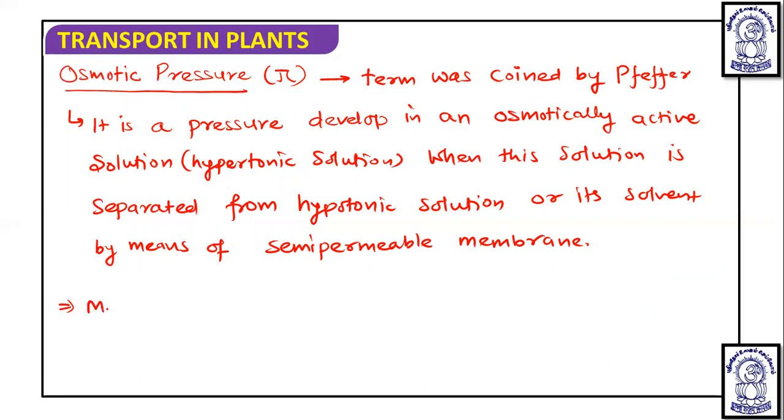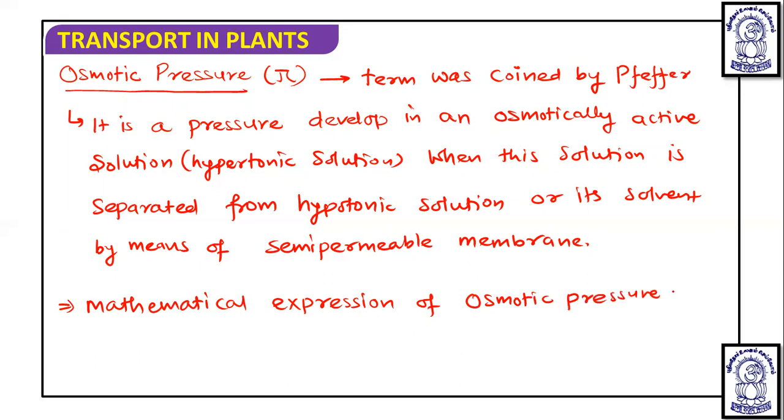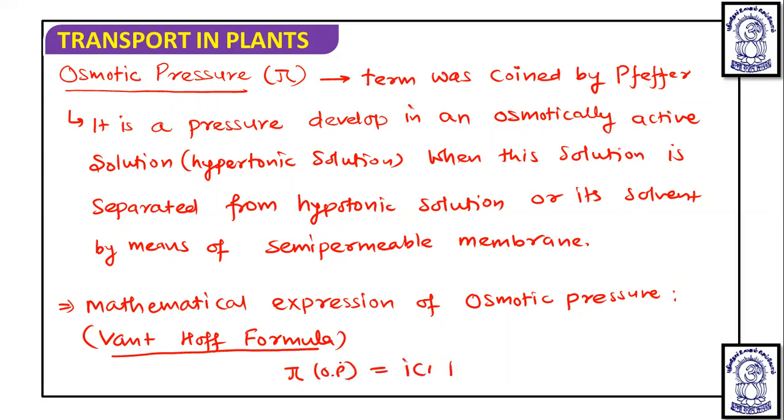Now, the mathematical expression of osmotic pressure is explained by van't Hoff's formula. The formula that represents osmotic pressure is pi equals iCRT.